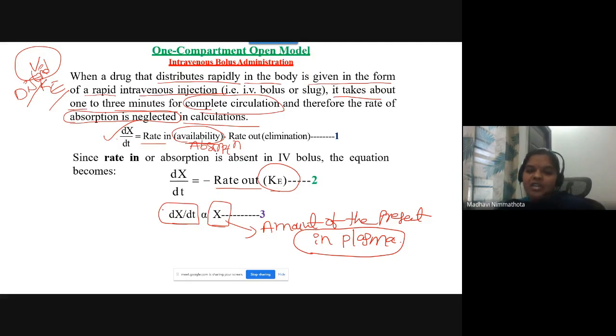So this rate of drug distribution is directly proportional to x. How much amount of the drug is distributed will depend upon the amount of the drug available in the plasma. This is not alpha, this is proportional. Okay, so this is equation number 3.